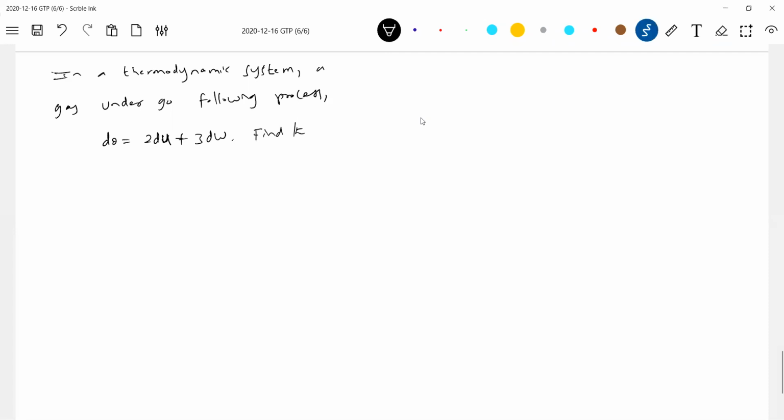Find or derive the relationship, find how the parameters of the gas are related.